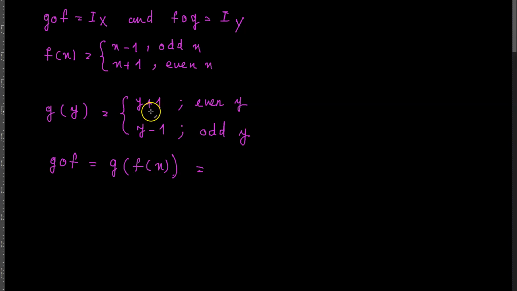Now the input of this function, what you want to put into g here, is f of x, right? So here if y is supposed to be even, and since you are inputting f of x into the function, then f of x has to be even here, right?